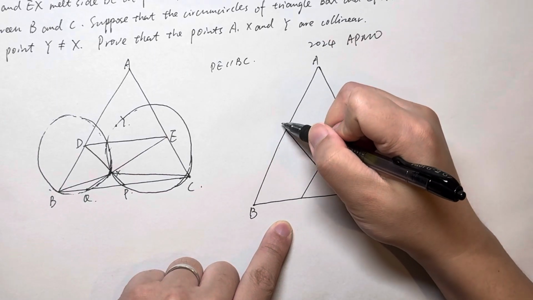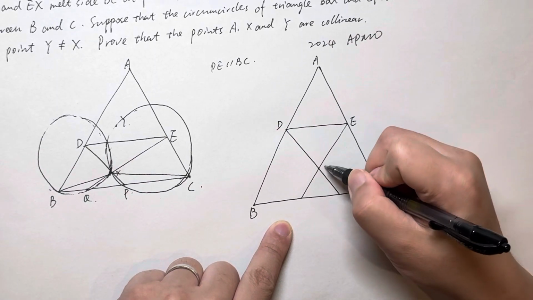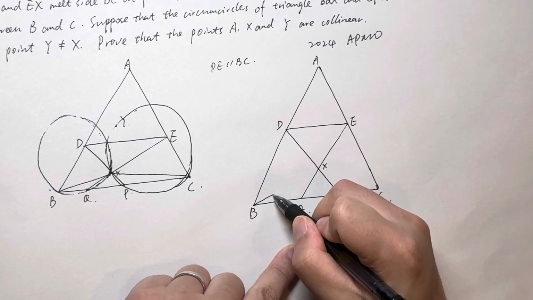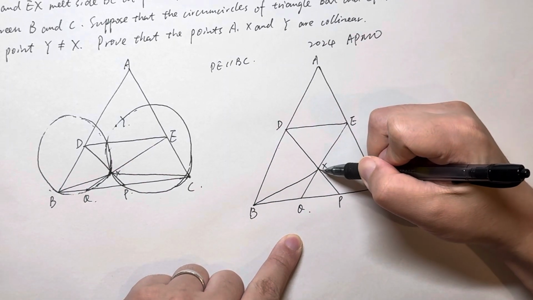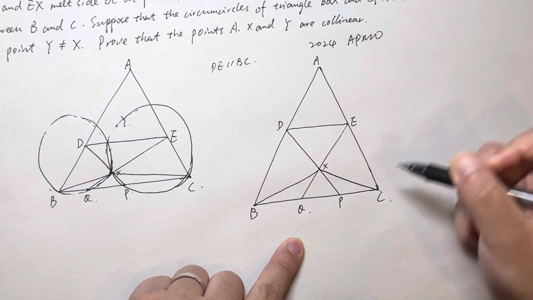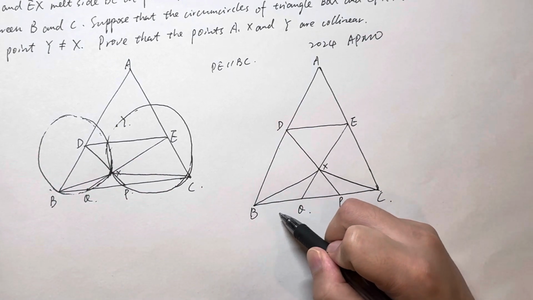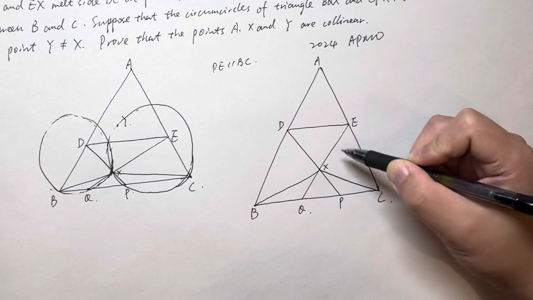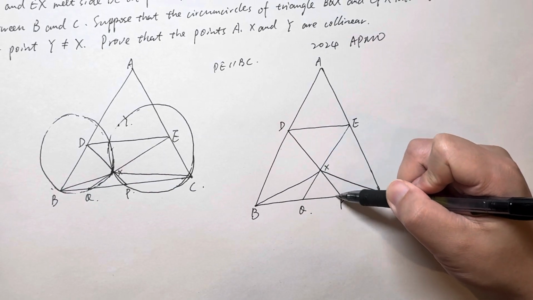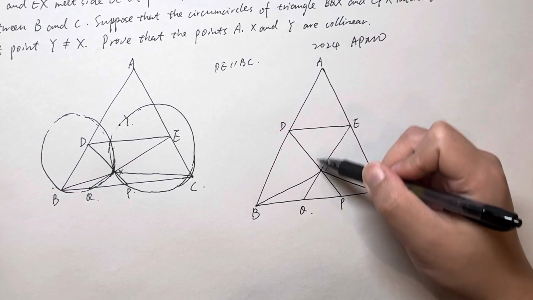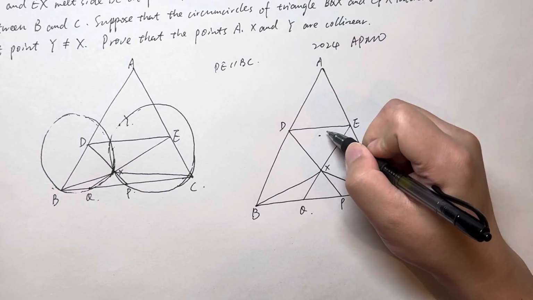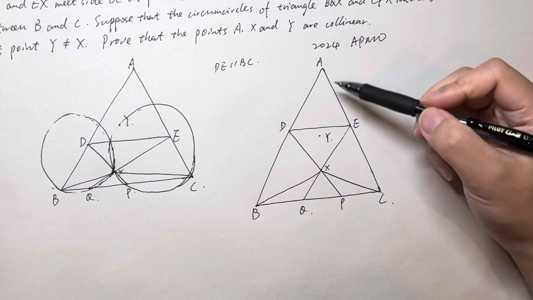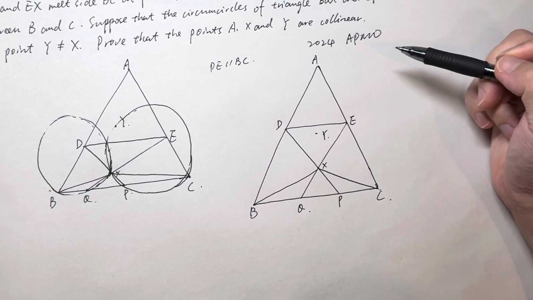Now we have point D, point E, point X, P is here, Q is here. Just to think about that, we have a circle looks like this here, right? And another circumcircle looks like this. So these two circles meet probably on this point, let's call it Y. Then we want to prove that A, Y, X are collinear.